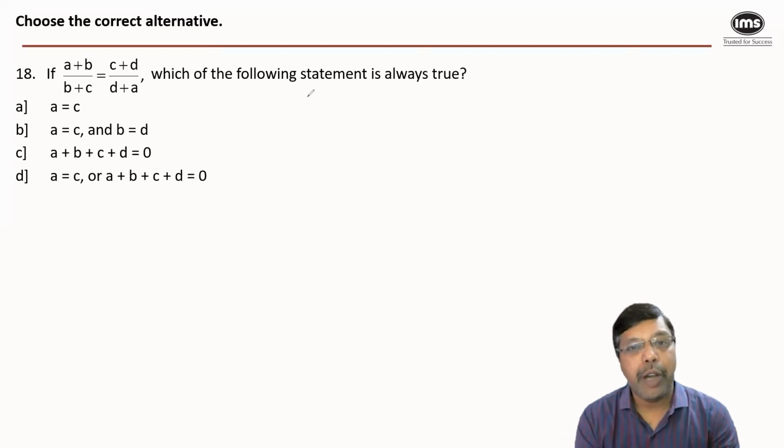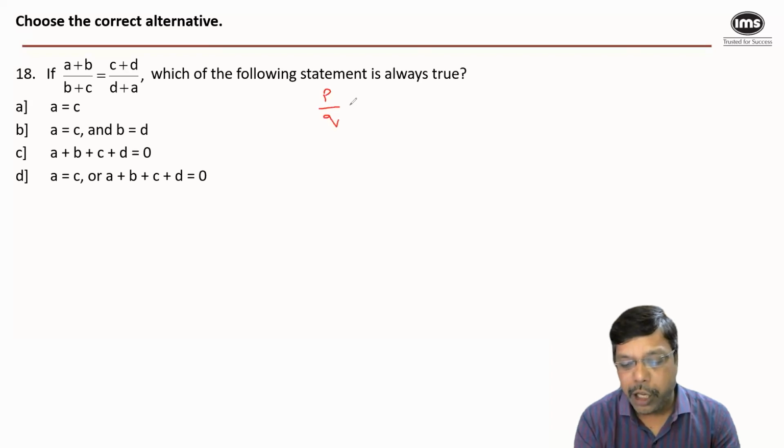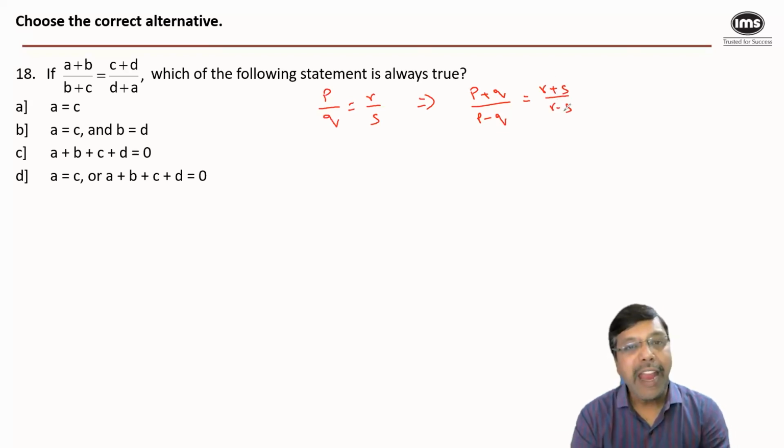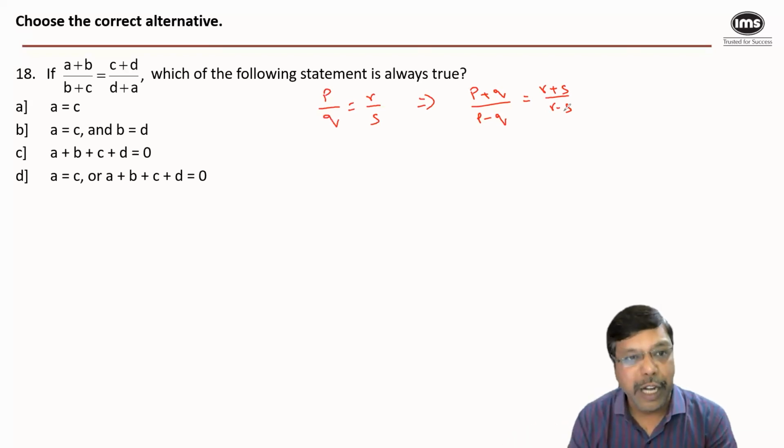Now, what is componendo and dividendo? It says if P by Q is equal to R by S, then (P plus Q) by (P minus Q) must be equal to (R plus S) by (R minus S). This is the rule of componendo and dividendo.